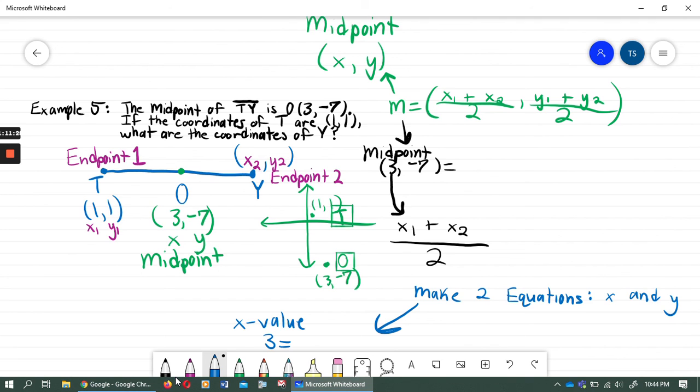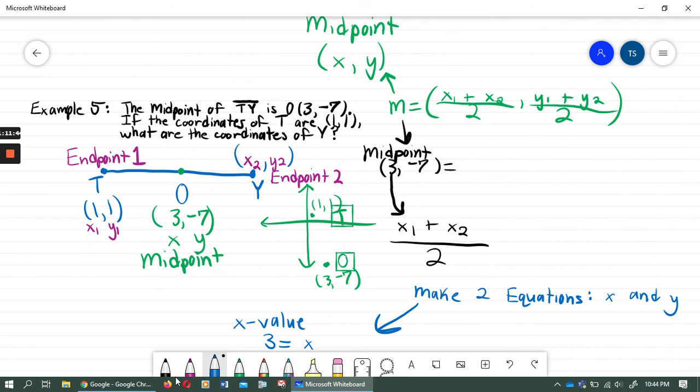All right, the x value there is 3 for that midpoint, and again, guys, the part of the midpoint formula that determines that is x1 plus x2 divided by 2, right?